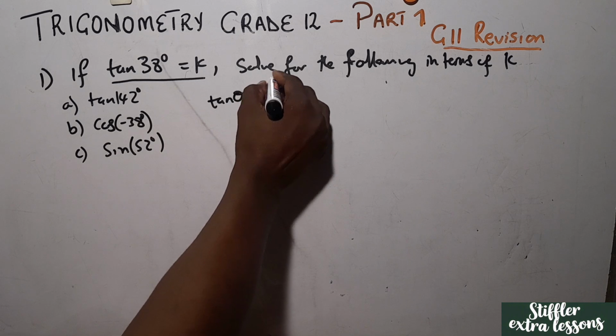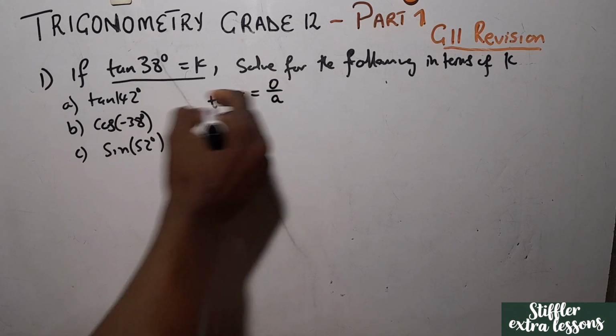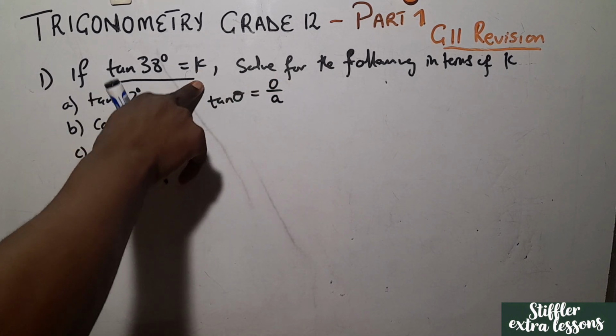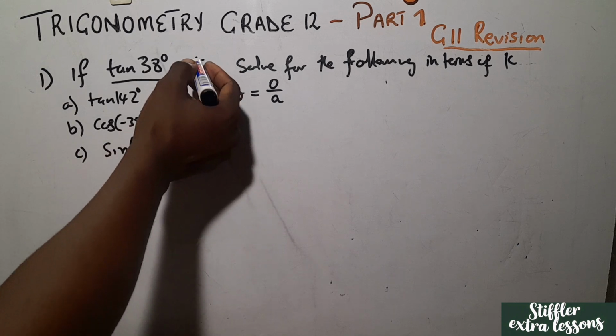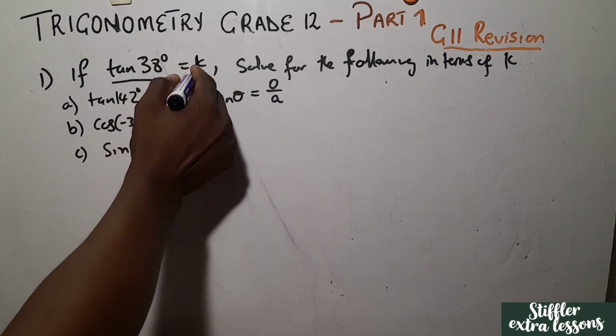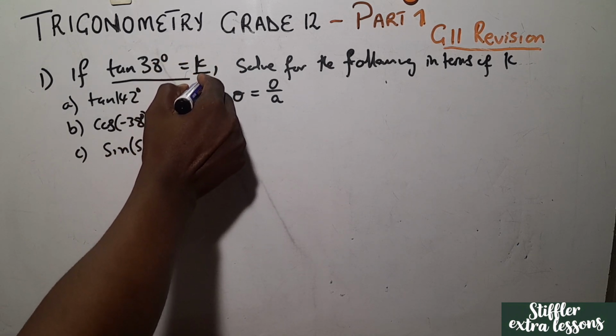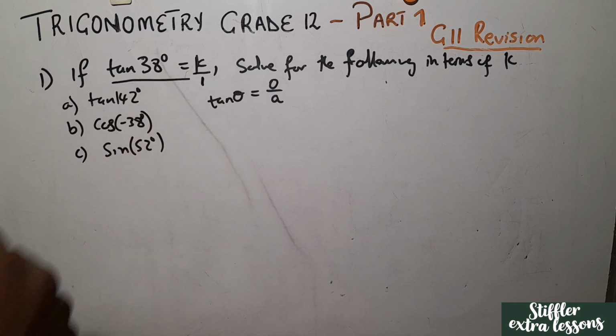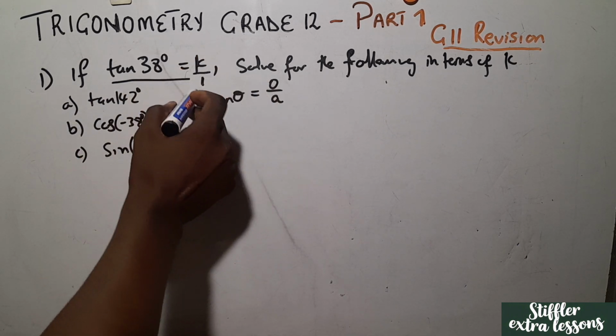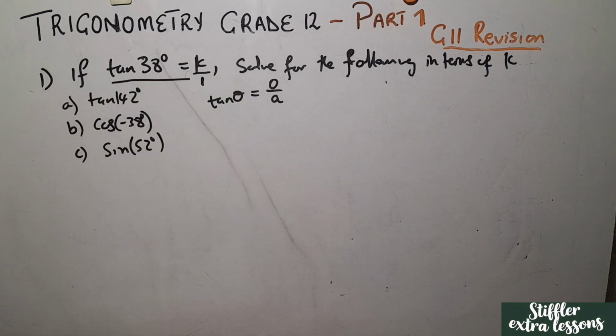Tan theta is equal to opposite over adjacent. So we check this value of ours, we can see that it is only a whole number, so you can place it over 1. Any number is the same as that number over 1. So it means that this k is our opposite and this one is our adjacent.